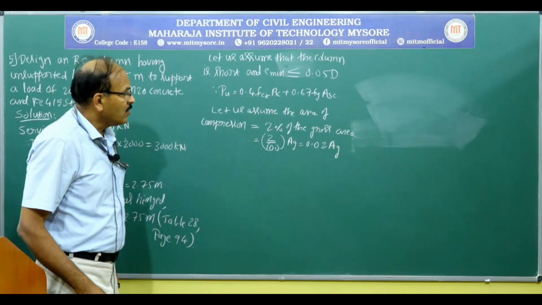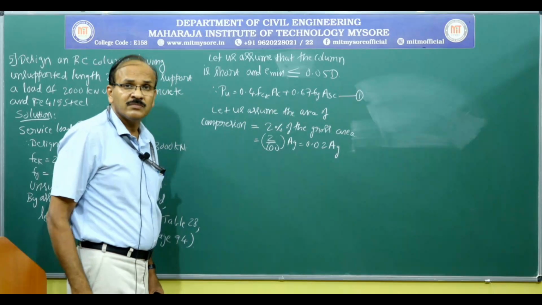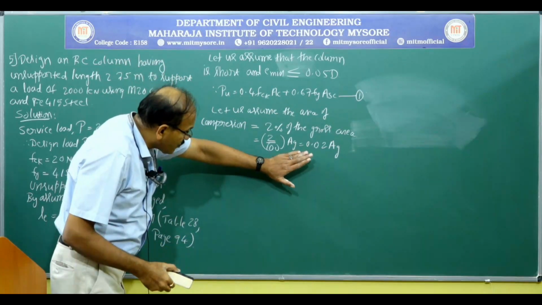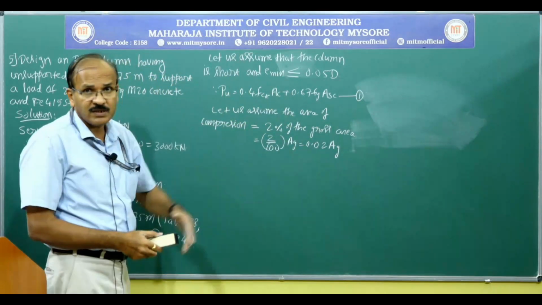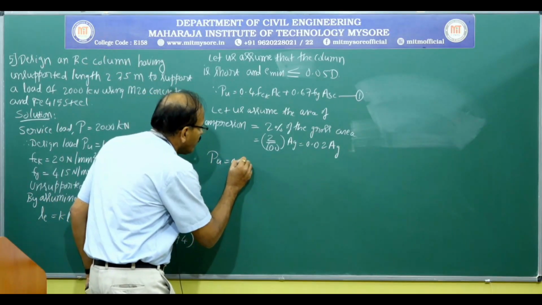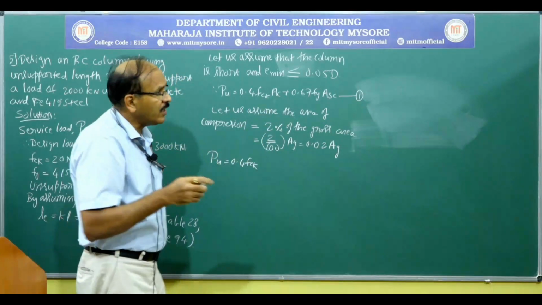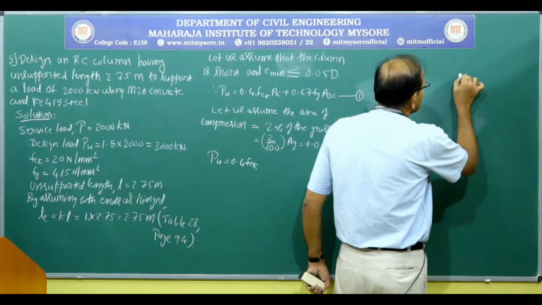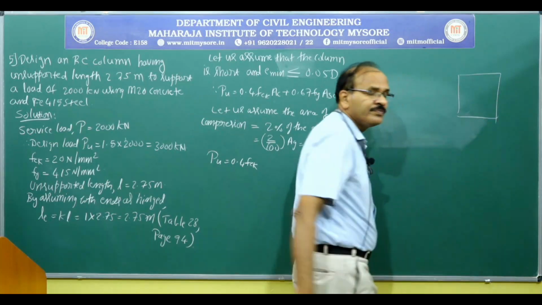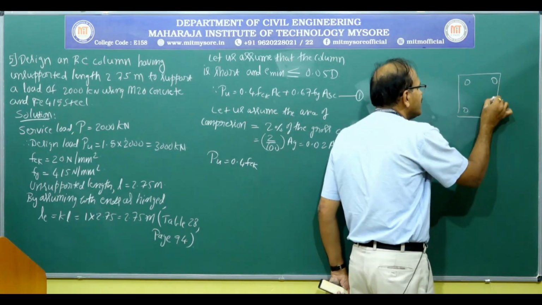Okay. So if I call this equation 1, I am going to substitute this value in this equation. That is Pu equal to 0.4 fck Ac, where Ac is the area of concrete. If we have a column like this with reinforcement, this is the plan I have written.